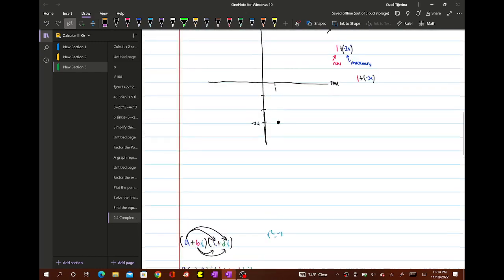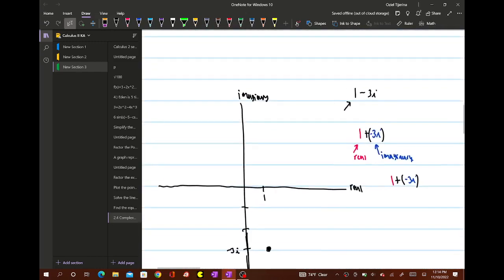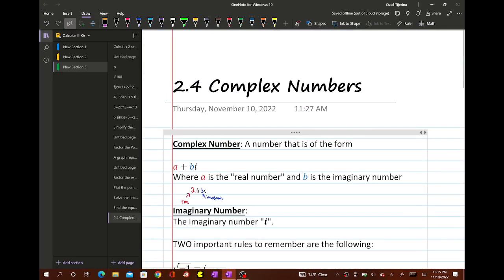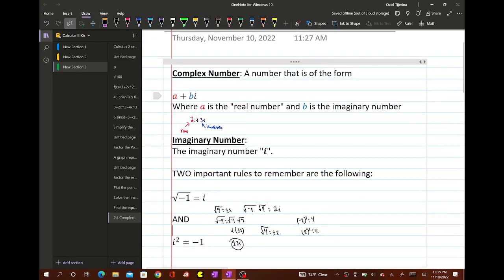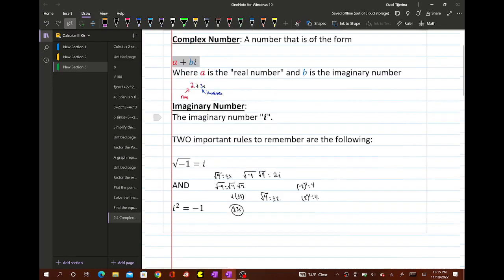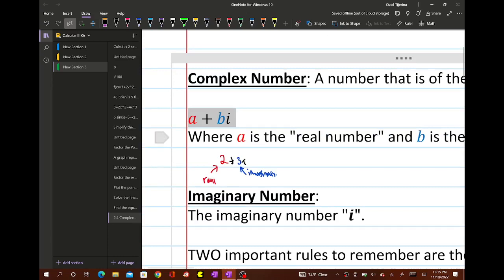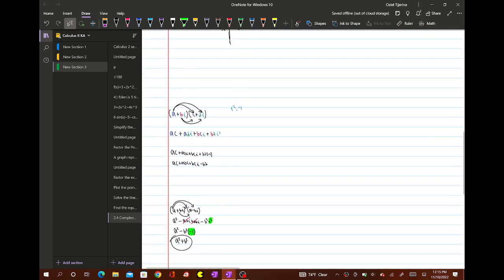Now, another thing I wanted to go over is how to graph a complex number. A complex number is of this form, like 2 plus 3i.